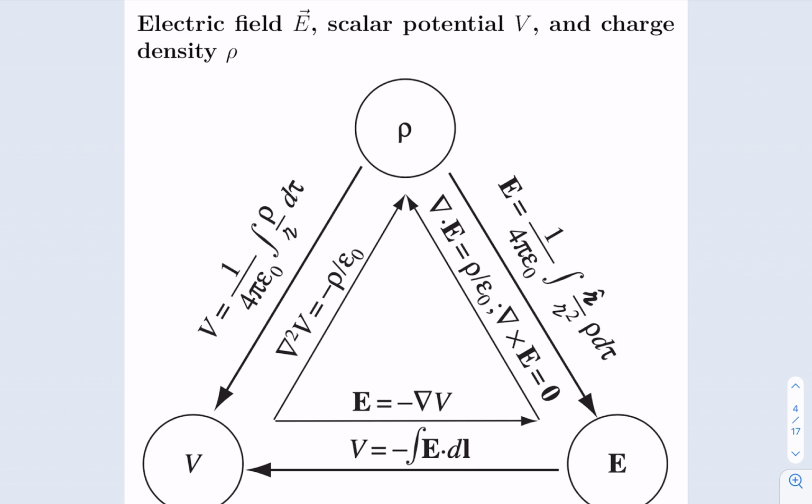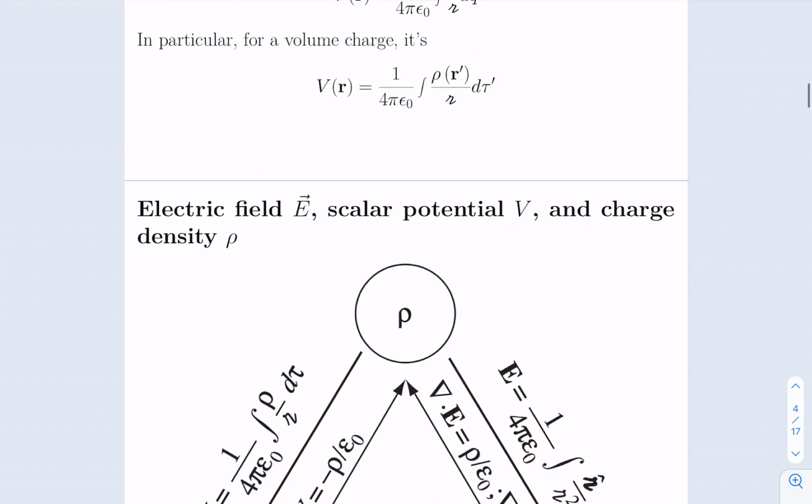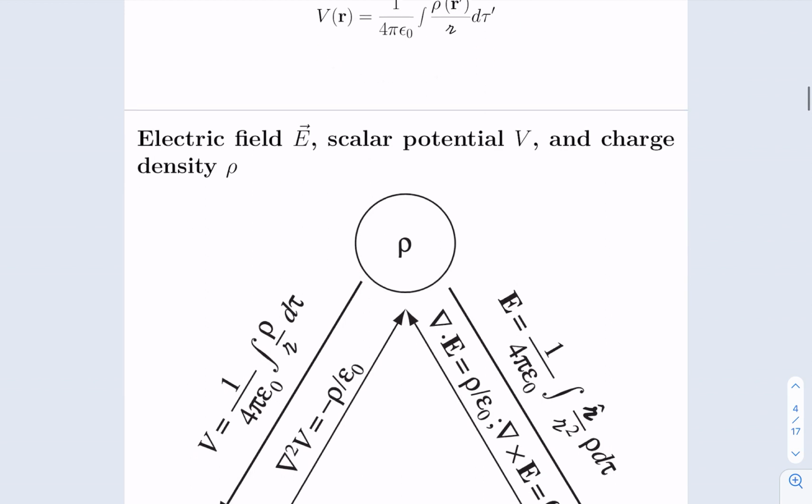And now we also derived how to go from the charge distribution to the scalar potential, and that expression is Poisson's equation, and to go back we simply apply this expression that we get from the slides here.